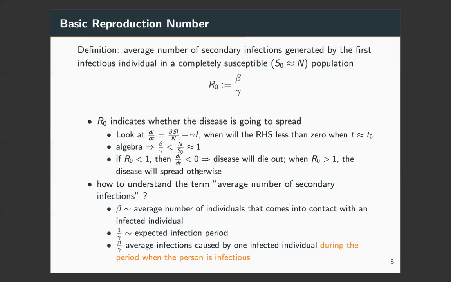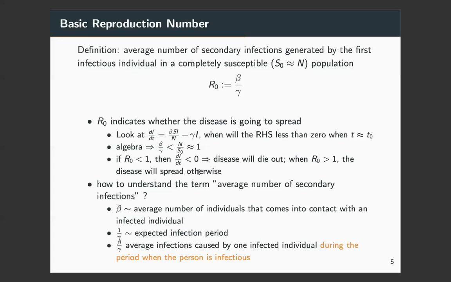If gamma is large, meaning that per unit time a large number of infectious individuals are removed, then the average infection period is small. So with these two pieces of information, beta times 1 over gamma, that is beta over gamma, represents the average infections caused by one infected individual during the period when the person is infectious.